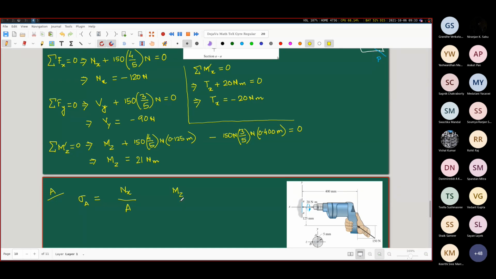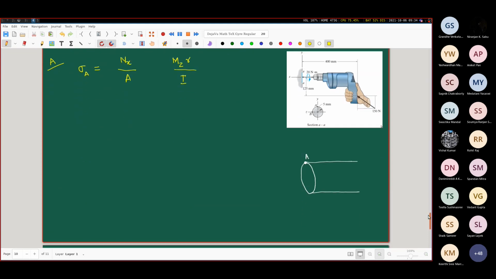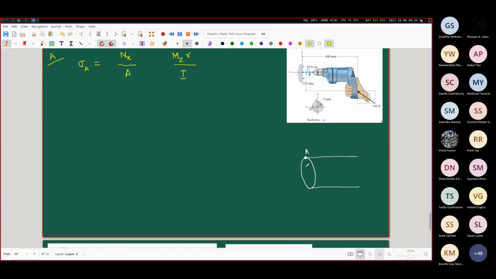So it will be the radius itself. And there will be a proper I for this. Devil is always in the details. So when you are considering the flexure of this kind of a drill bit, which you are now imagining in terms of its behavior like a beam of circular cross section, then your I will be calculated about this axis, because it is about that axis that the bending is taking place.